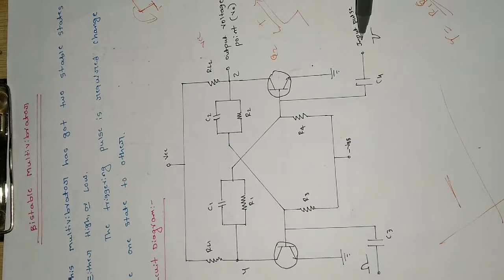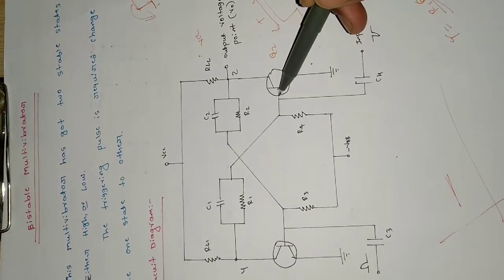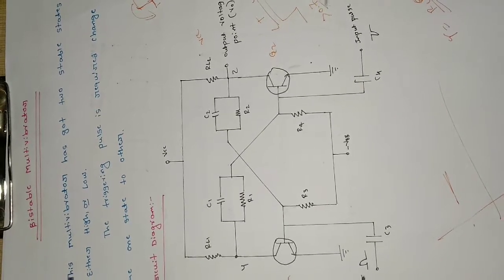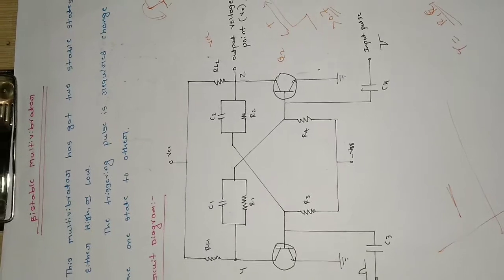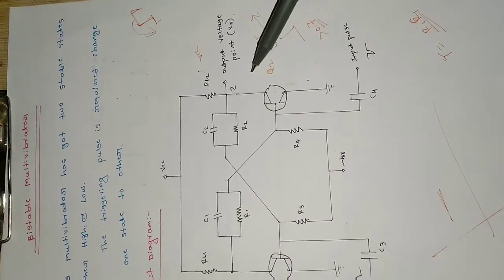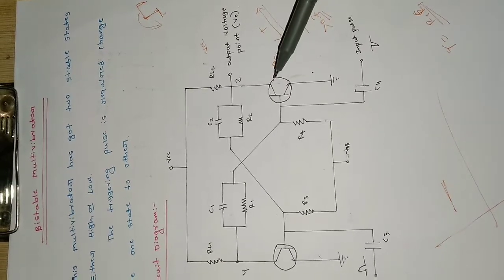When you apply a pulse here, due to this pulse the voltage at this point will increase above the cutoff voltage, that is 0.7 volts, and the transistor will move from the cutoff region to the saturation region, where the maximum amount of current will be flowing.